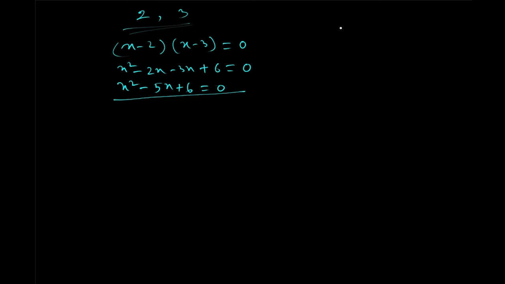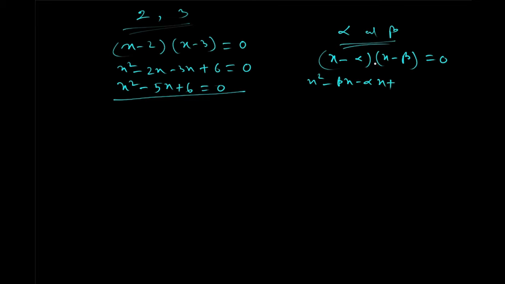In the general case, if alpha and beta are the two roots, we can write the equation as (x - alpha)(x - beta) = 0. Simplifying, multiplying each term of this with this, it is x square minus beta x minus alpha x plus, minus alpha into minus beta, it is alpha beta, that is equal to 0.